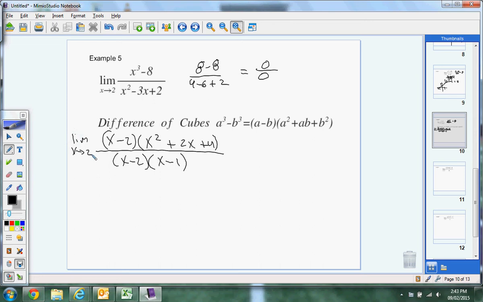So again, our x minus 2's cancel, and we can plug in x equals 2 now. So we get 2 squared plus 2 times 2 plus 4 over 2 minus 1.